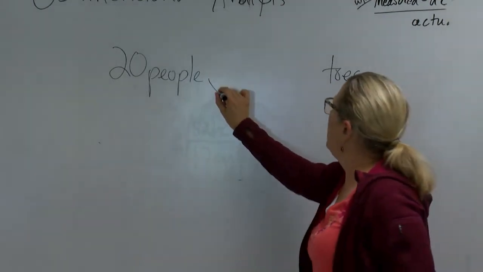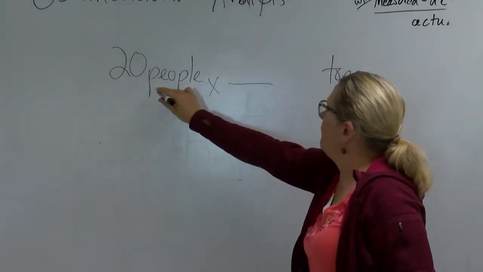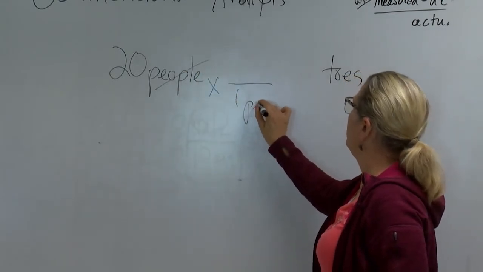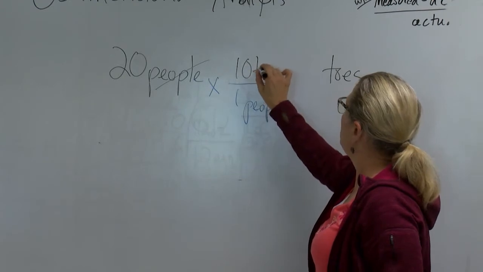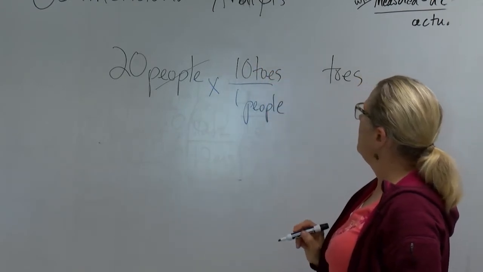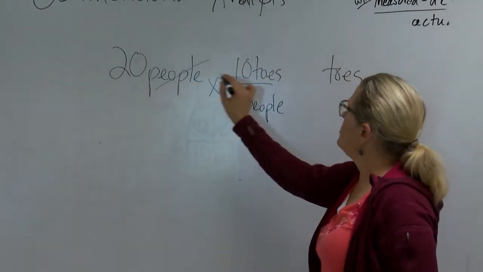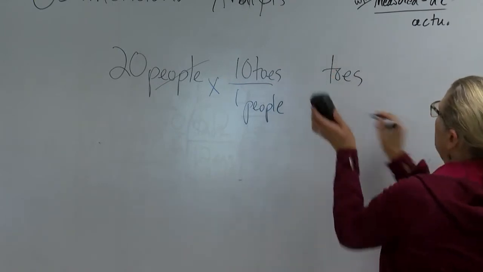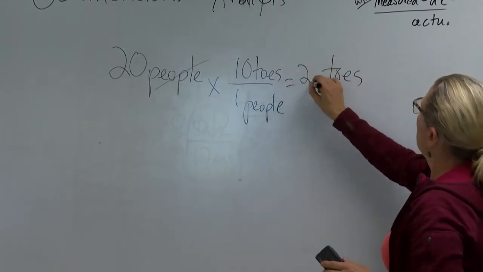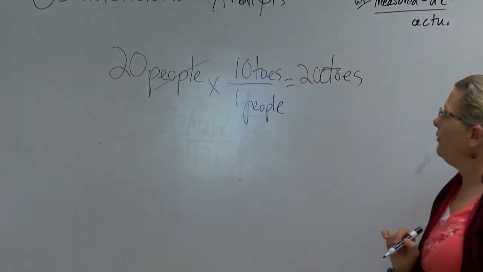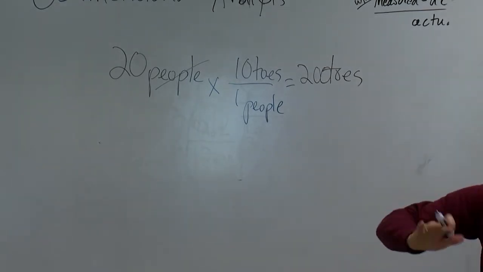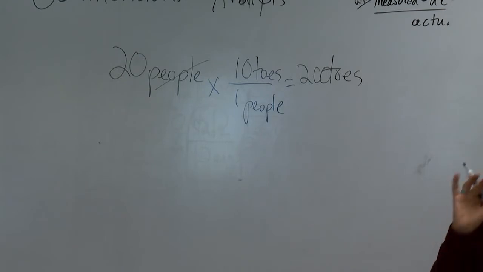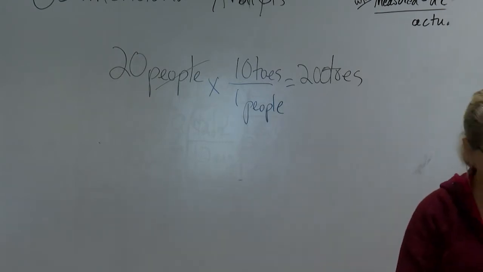So we want to get rid of people, so we'll have 1 people, which isn't great English, but 1 person. 10 toes. 20 times 10. 200 toes. Does that make sense? Sometimes you're dividing by a number, sometimes you're multiplying. It just depends what you're coming from or going to.